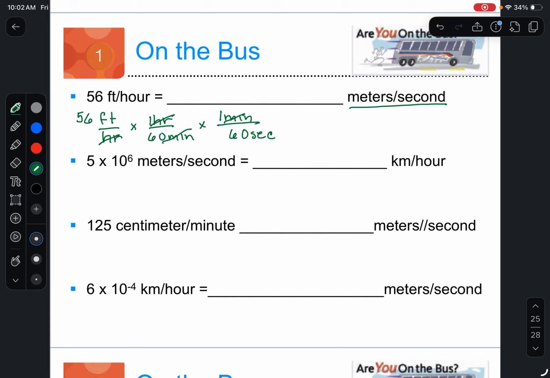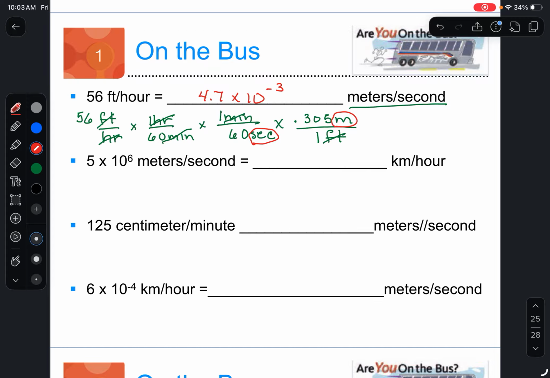Now we look to our conversion factors, and we see we have 0.305 meters in 1 foot. So we check, our feet cancel each other out. So the only units you're left with is meters over seconds, and that's what your answer is. So when you calculate this, you're going to have 4.7 times 10 to the minus 3 meters per second.